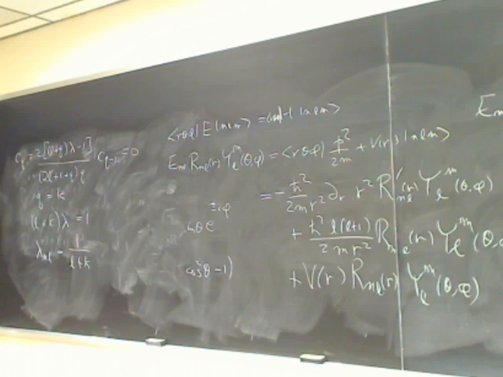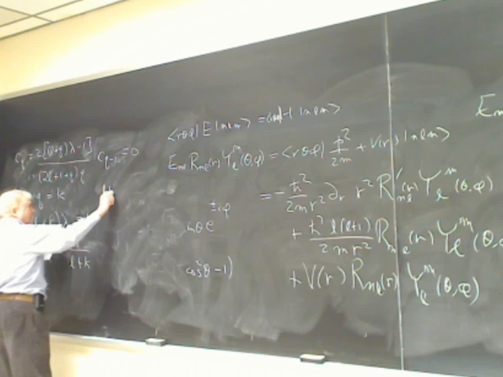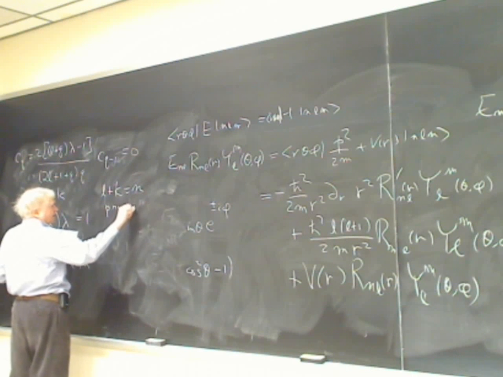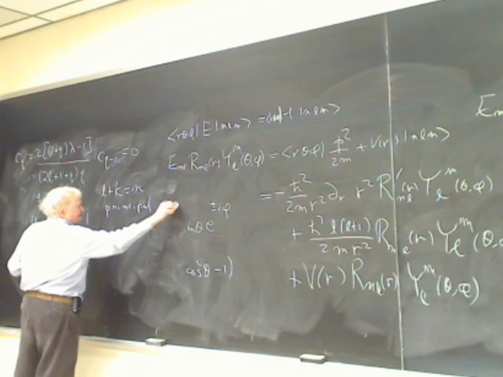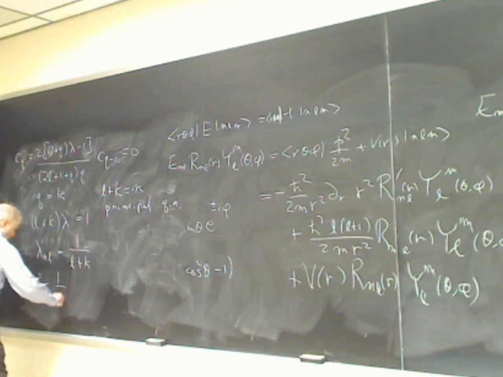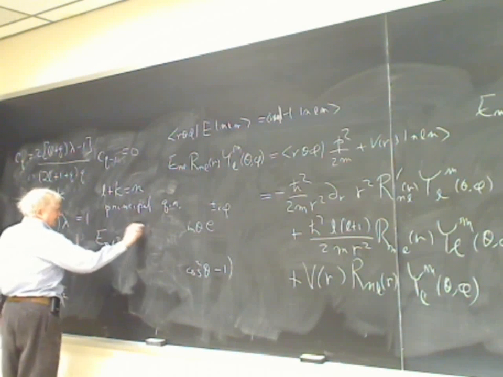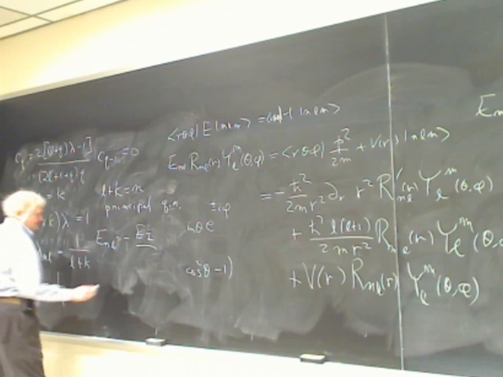And now we remember that, in fact, this l plus k is what we're going to set equal to n, the principal quantum number. So lambda squared then is 1 over n squared. And then E_nl, remember, is minus E_I times lambda squared.